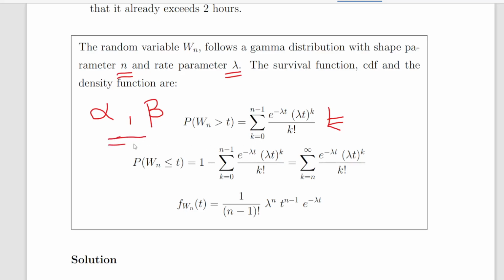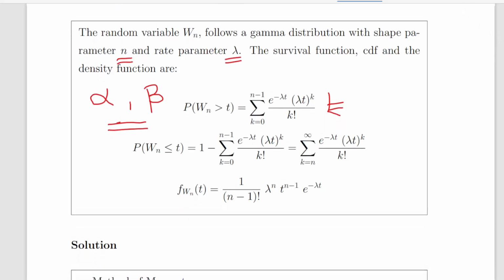Conventionally, alpha and beta are any real numbers, so there's a bit of a mismatch there, because we're dealing with a special case of the gamma distribution where the shape parameter is specifically an integer, in this particular set of videos, just for the sake of tractability. That's it, really. We'll move on to the method of moments.